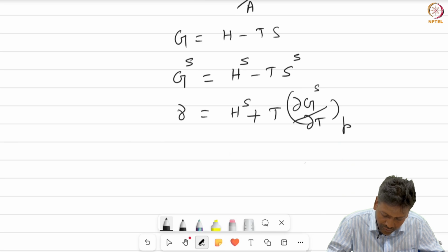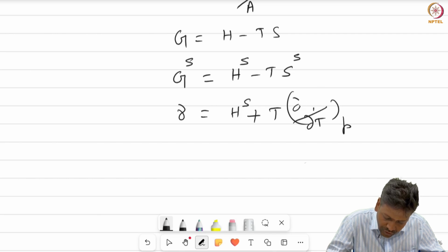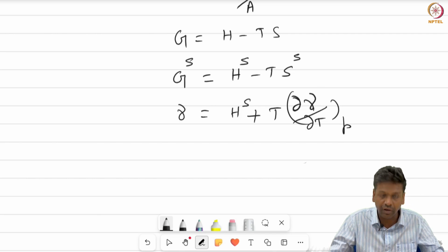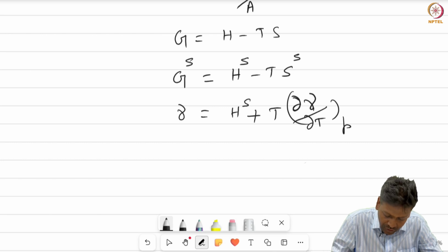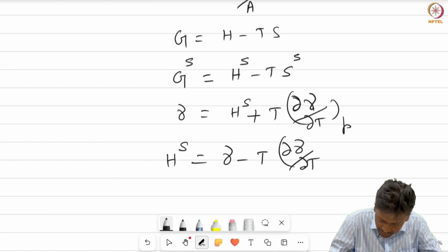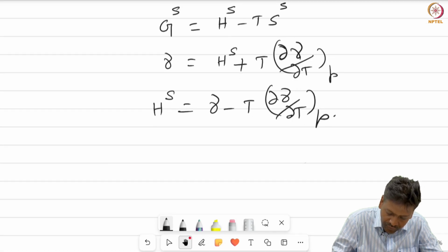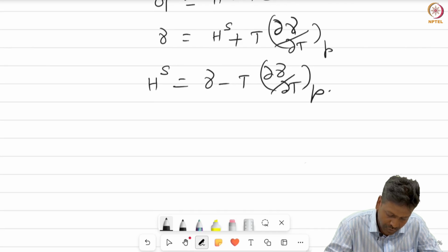We can also write this as gamma, since G superscript S is nothing but gamma. So you can write it as dgamma by dT at P itself. So we know H superscript S, which is nothing but gamma minus T dgamma by dT at P. This we have obtained from this equation.